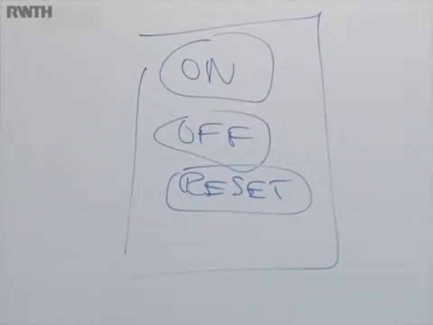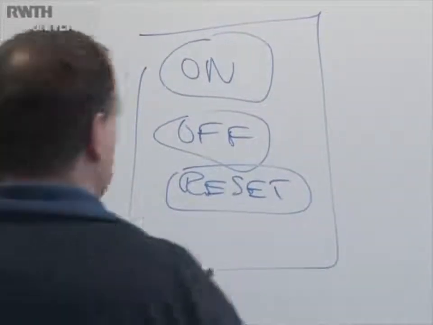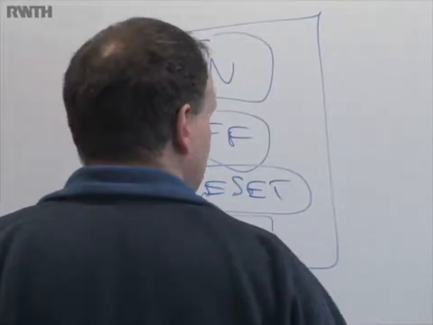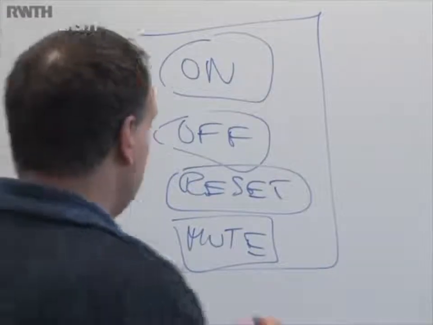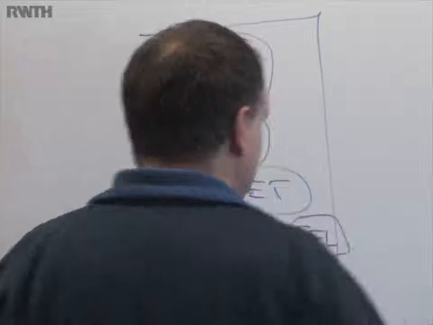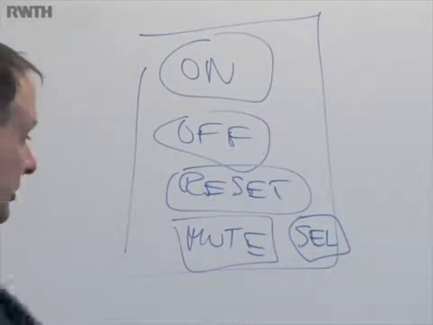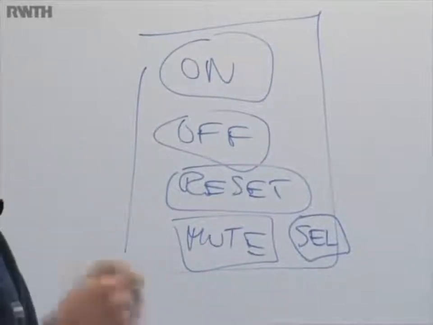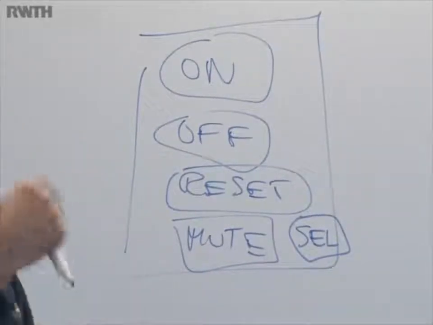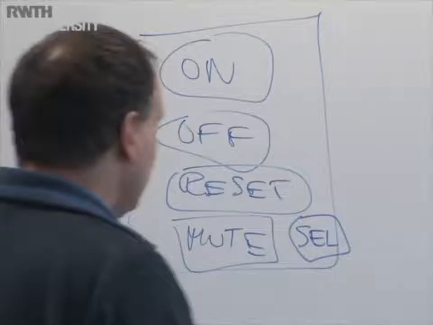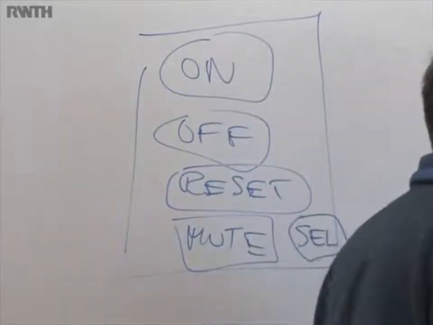And it has a button that says mute. Plus, it has a button that's called select, S-E-L. That's basically for couch surfing. It's like next channel up, next channel up. And when you're at the top channel, it goes back to channel 1. And this TV only has 4 channels. It's a poor old school TV. So that's all you can do on your remote.